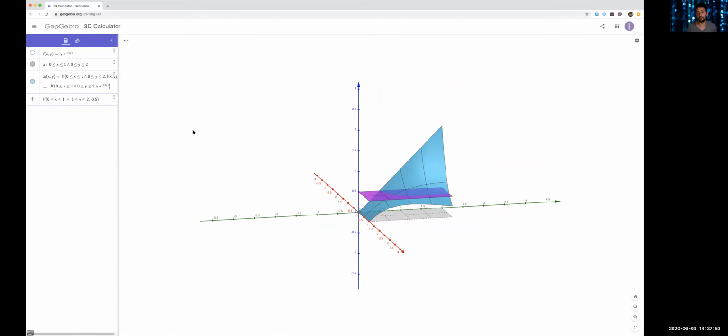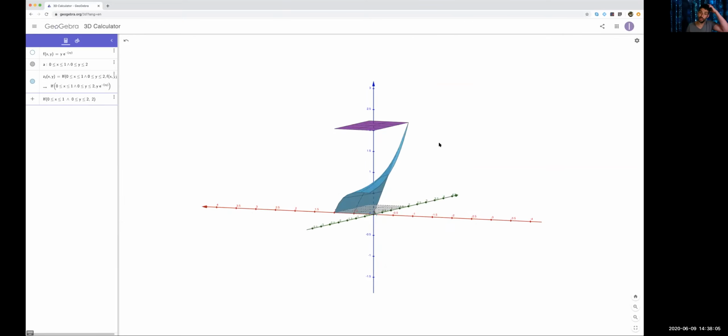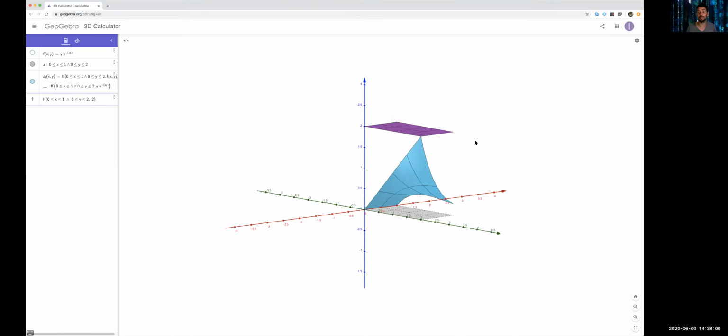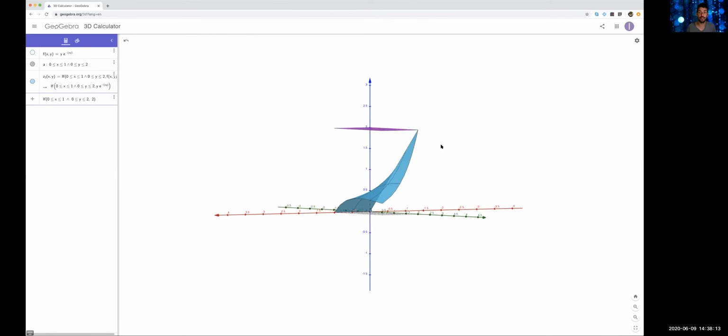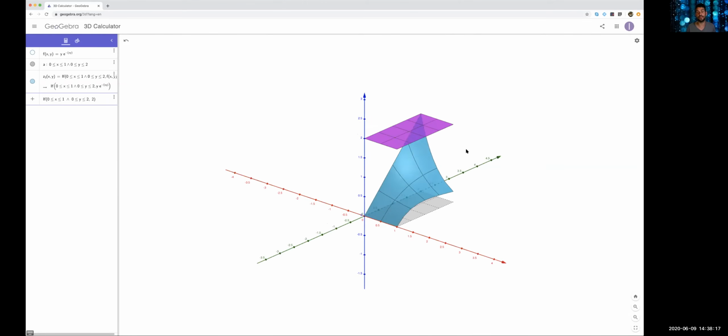Certainly if I got a volume of, say, right, here's a box up to 2. This would be a 1 by 2 by 2 box, has a volume of 4. So if my computation gave me a volume of something around 4, I would be highly suspicious, because I certainly don't look anywhere near that volume, right? My volume certainly has to be less than the volume of the box up to that ceiling.